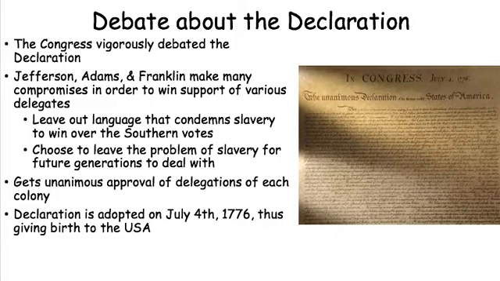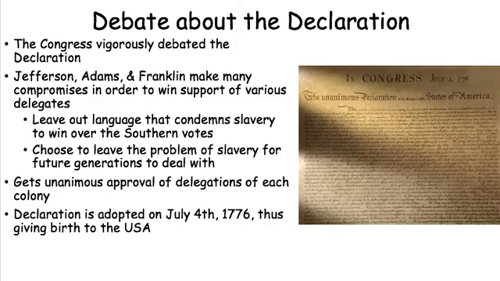But in order to get a unanimous vote, they have to make some concessions. Unanimous. Remember, they can't get a no vote on independence. One of the big concessions is they take the language that Thomas Jefferson wrote condemning the king of England for bringing slavery to America and condemning slavery as an evil institution.